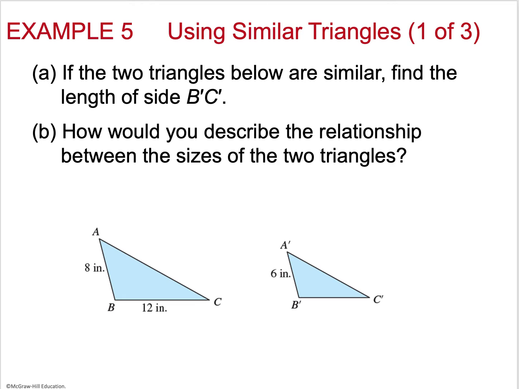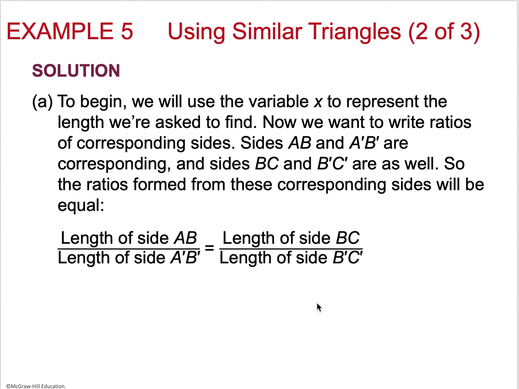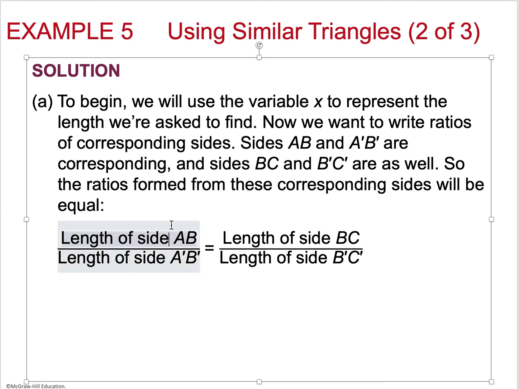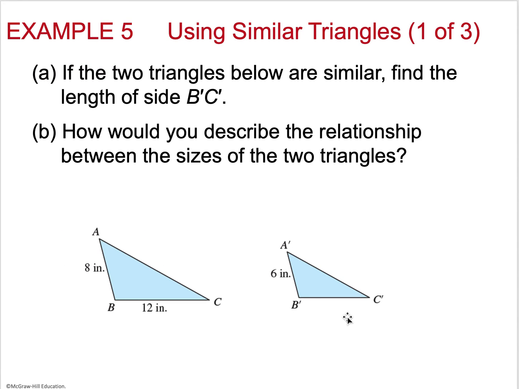Here's another example. If the triangles are similar, find the length of BC. So how am I going to do that? I'm going to set up a proportion. I know that AB is 8 and A prime B prime is 6. Those are corresponding legs, so I'm going to do 8 over 6. Now, I don't know what BC prime is, but I do know that BC is 12.